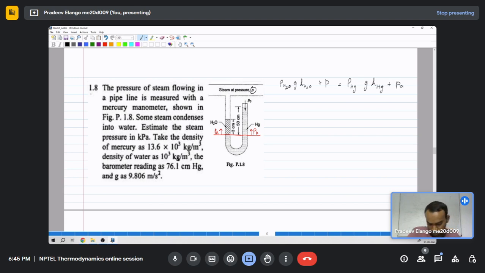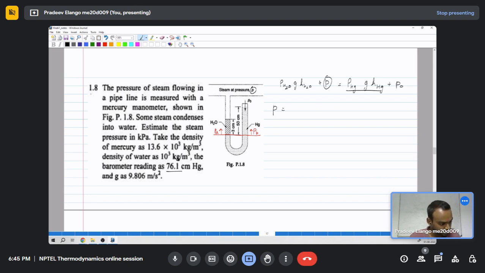Here P naught is atmospheric pressure and it was given as equivalent to 76.1 centimeter mercury. Now we have to find the value of P. So I keep P on one side and put everything else on the other side.